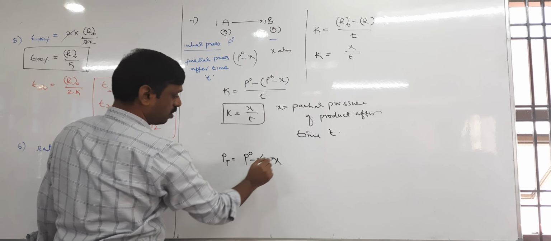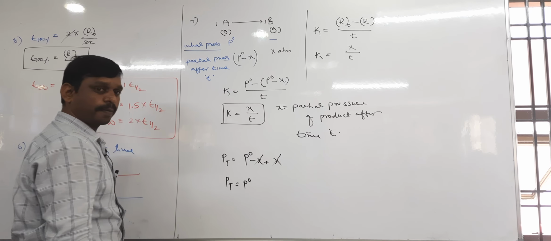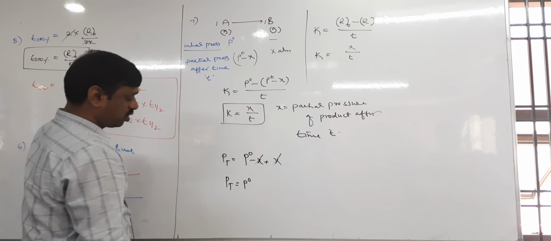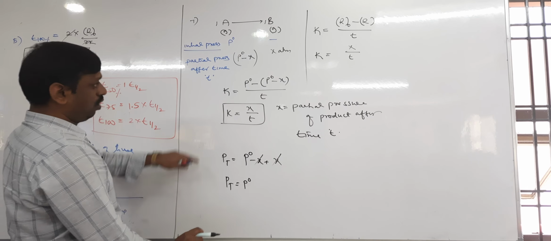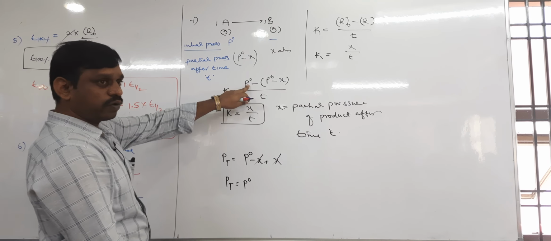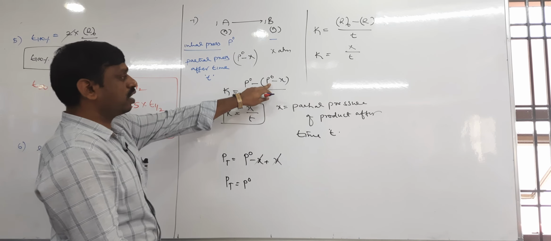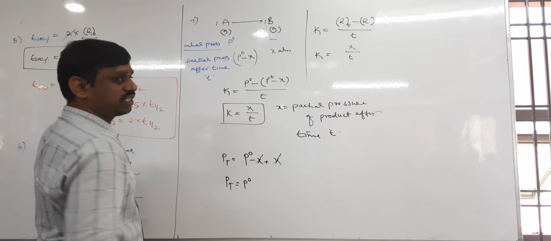So P total equals P naught. In place of P naught you can use P total, it gets cancelled, and you get the same equation.